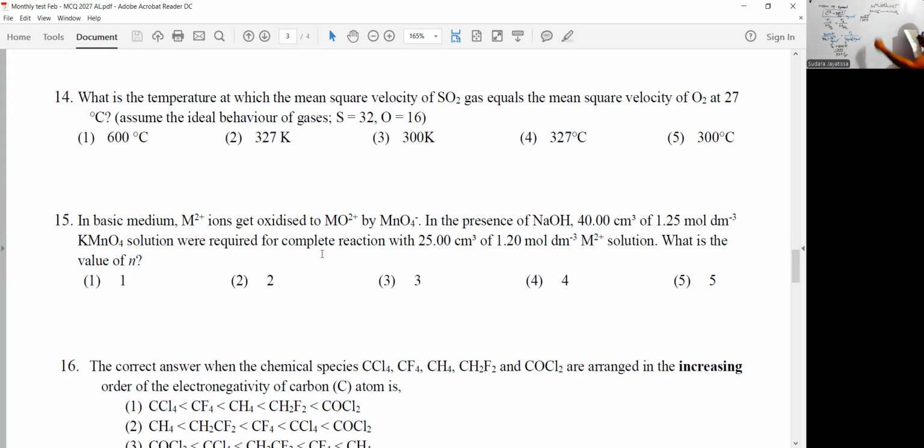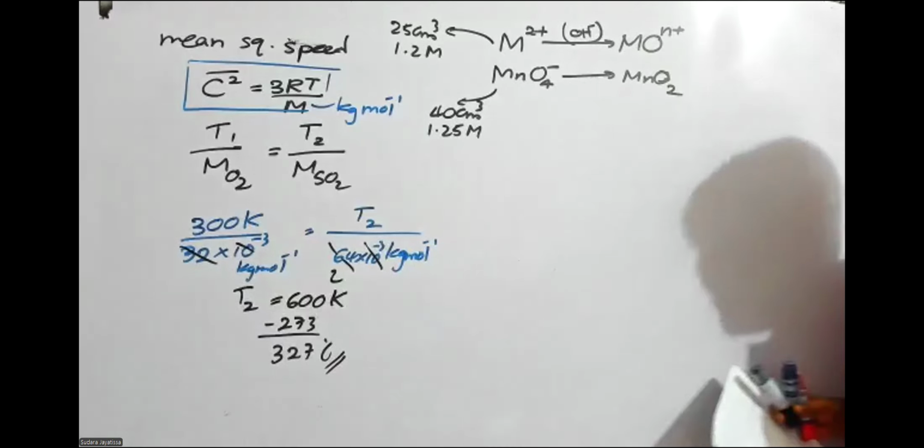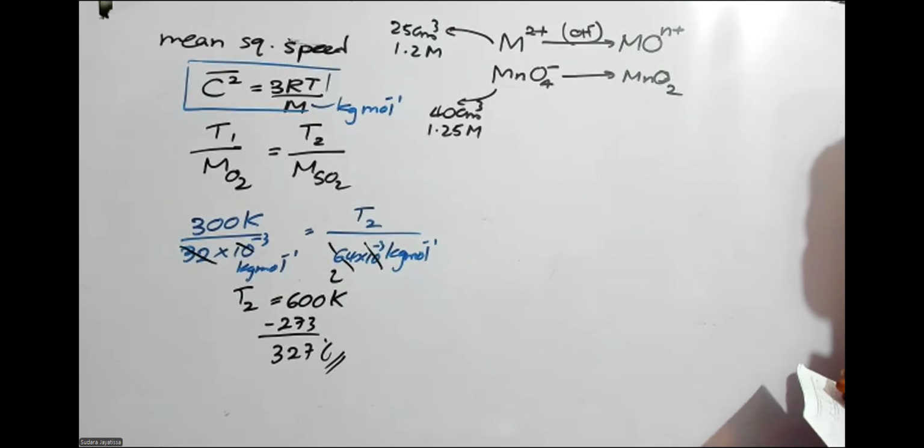And it says the capital M2 plus concentration and volume are also given, 25 centimeter cube, 1.2 M solution. What is the value of N? That's what they are asking. Okay, so now let's see how to do it. Like I said, it's a very good question.